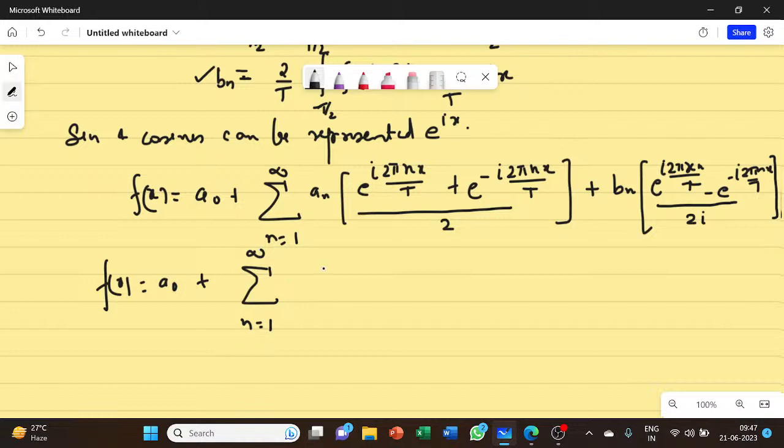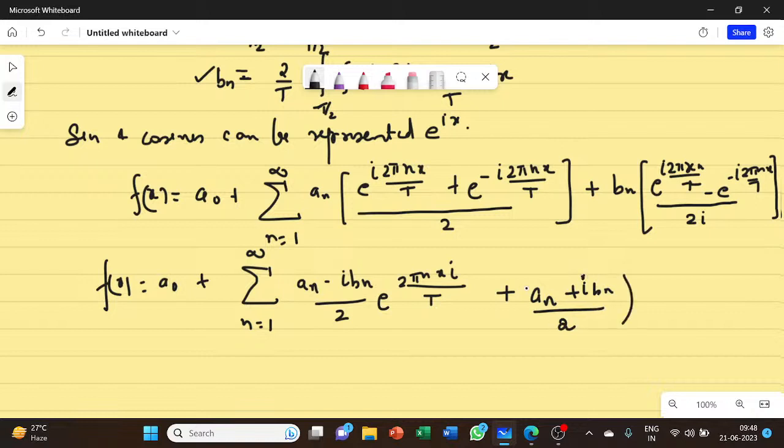I'll write it from n equals 1 to infinity, and what I find is that if I multiply plus minus iota, I'll get (a_n minus iota b_n) divided by 2 times e to the power 2πnx iota upon T, and again I will get plus (a_n plus iota b_n) upon 2, and this will be e to the power minus 2π iota nx upon T. Okay, and let's say this is your c_n, and this is your d_n, so things will be easy, and let's say this is your c naught. Instead of a naught, I'll use the c naught term.